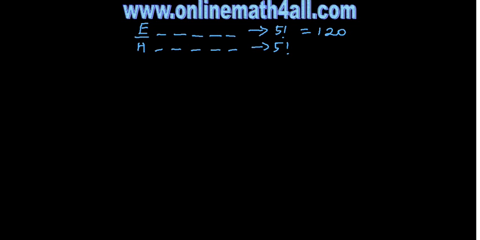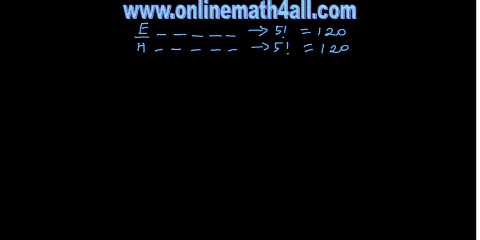Okay, now I'm going to start with E. So the first place is filled with E. The remaining 5 places can be filled in 5 factorial ways. So we'll get 120 words starting with E, and starting with H. If I start with H, the remaining 5 places can be filled with the remaining 5 letters of the word zenith. So it can be done in 5 factorial. The same answer, we get 120.